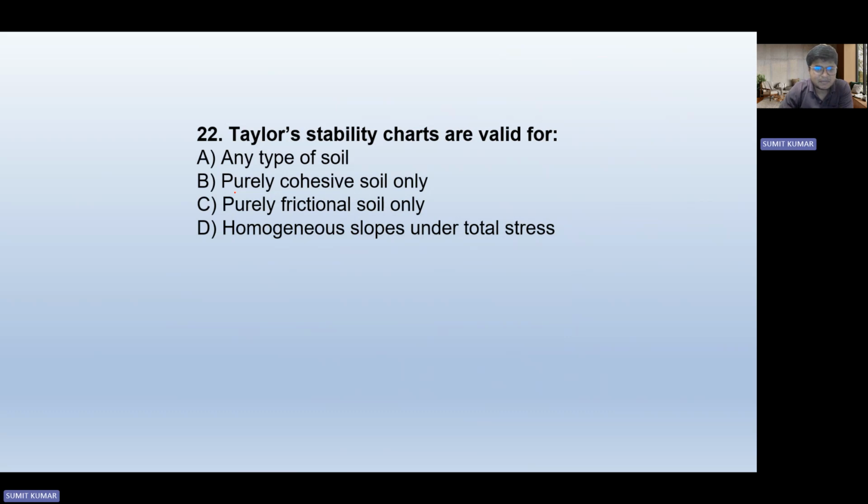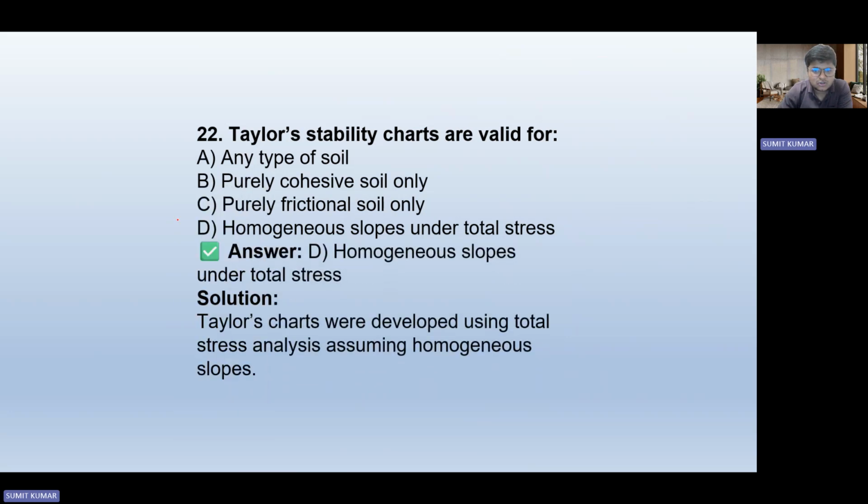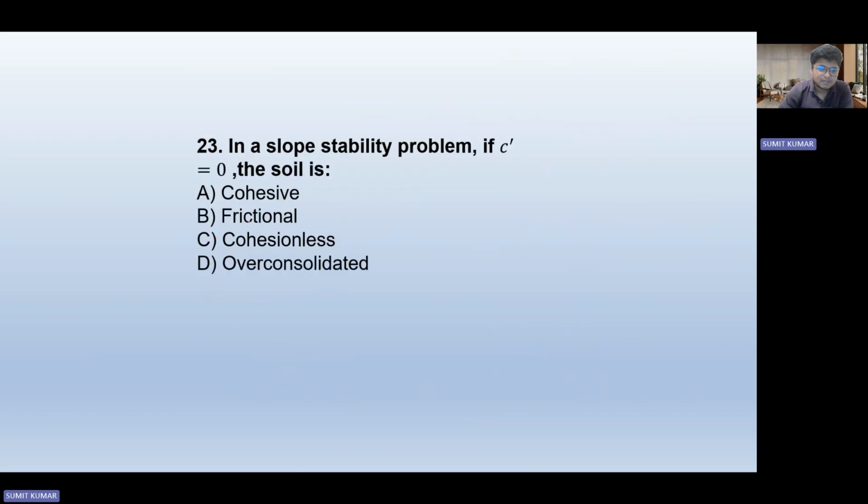So the Taylor stability number is valid for any type of soil, but for a homogeneous slope under total stress. Because if the characteristic is not homogeneous, this method is not applicable, because it is used for the infinite slope condition. So that becomes very important, considering the specific requirement.